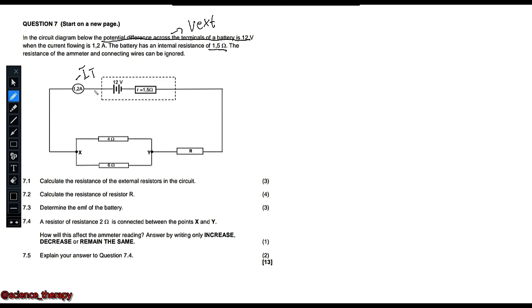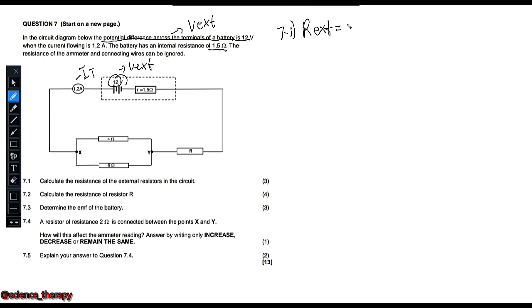Judging from this, we are already given the total current, and we also have the V external, meaning we can get the R external, which is the external resistance. To calculate this is straightforward.